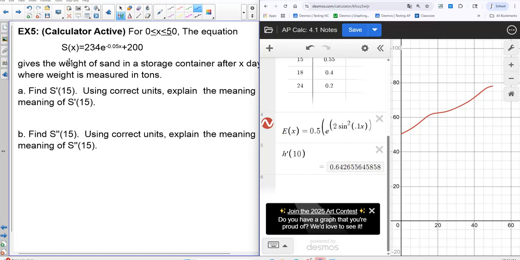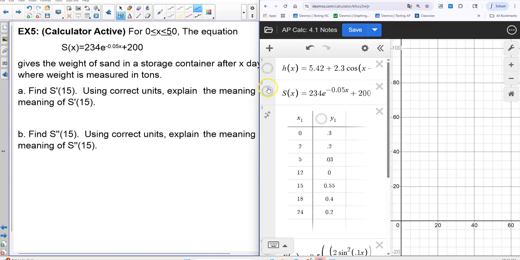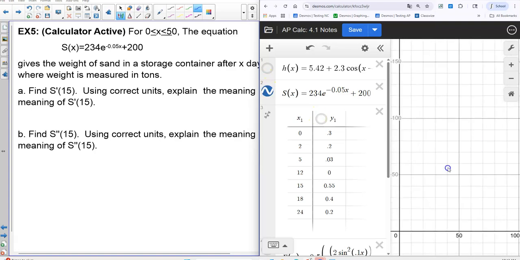It gives the weight of sand in a storage container after x days, where weight is measured in tons. Okay, and so this is going to be one that asks us to find these values and then explain the meaning. Finding the values should be super duper easy, even though, hold on, I picked the wrong one. That's not it. Here it is. Zoom out even more.